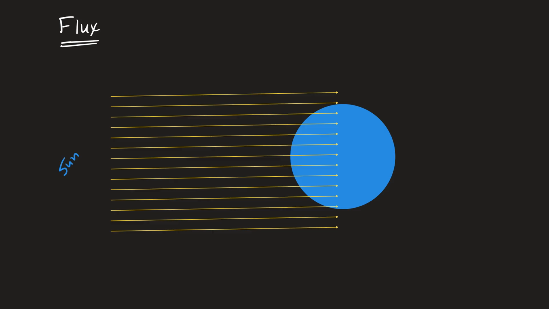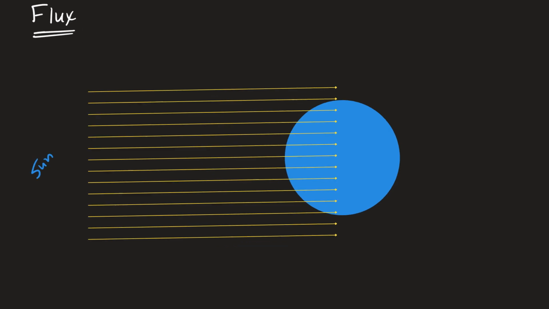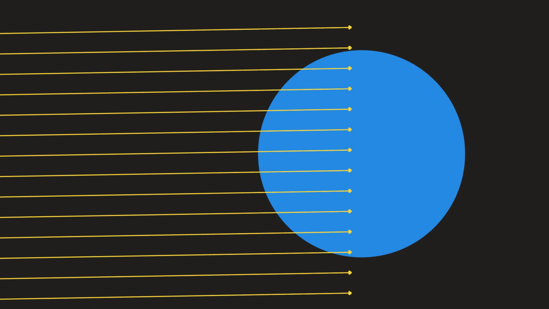Wouldn't you agree that as you get towards the poles, there are fewer rays incident for the area that's supposed to be illuminated? If we just compare, this is the space between two rays here, and here's the space between two rays here.